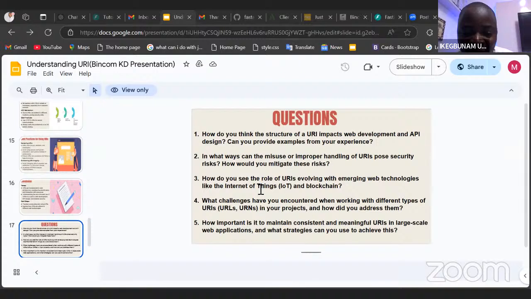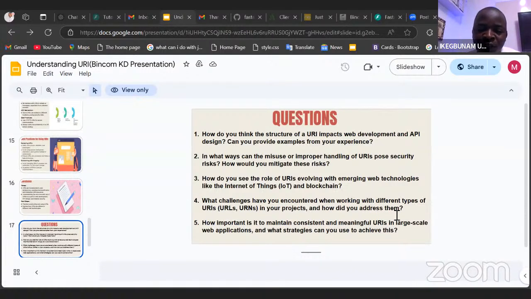Another one is URN, Amazon Resource Name, which is a good use case for this. But in this case, I was the one that typed it. Then the next one is: how important is it to maintain consistent and meaningful URIs in a large-scale web application, and what strategy can you use?